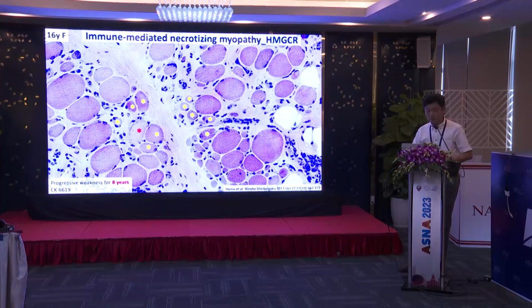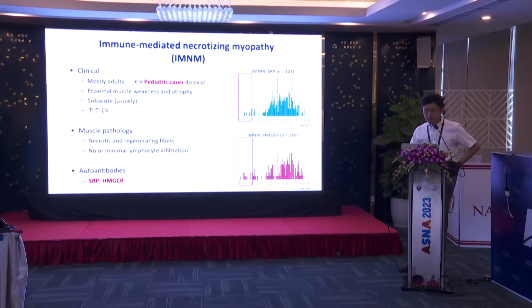Another one is immune-mediated necrotizing myopathy. This can look like muscular dystrophy, really, even in congenital conditions. And this is mainly an adult disease, but there are patients in the pediatric range as well. So you shouldn't miss the diagnosis.